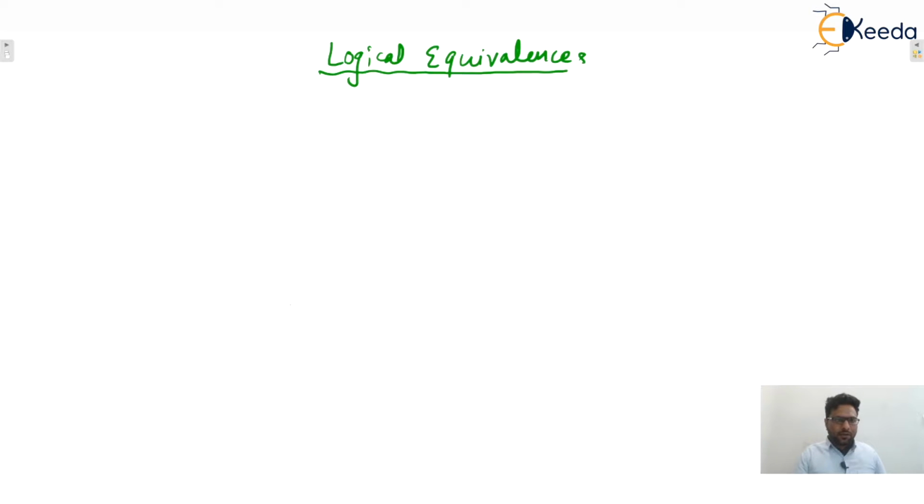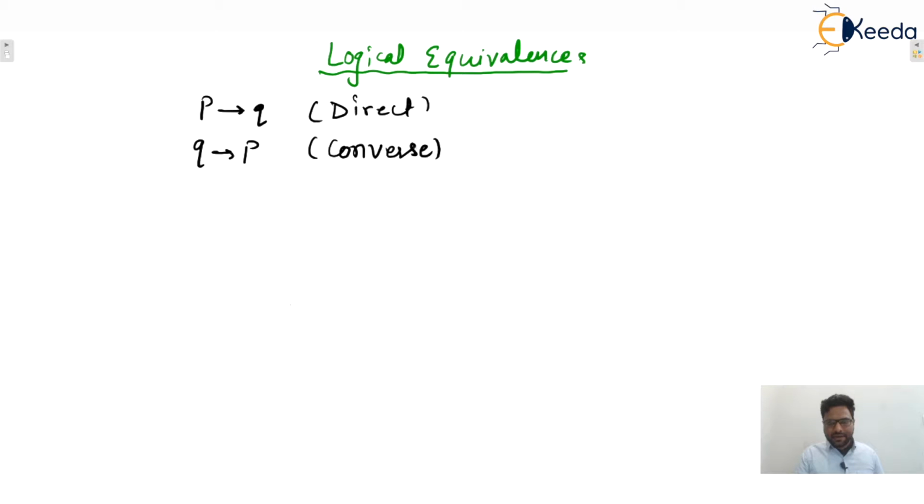Now let us consider P implies Q. Let us assume that this statement is the direct statement. With respect to direct, Q implies P is called the converse of direct.